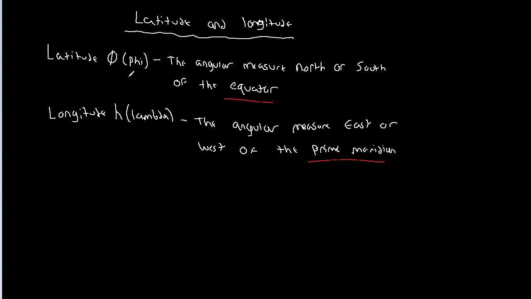So let's talk about what we mean when we say latitude, when we say angular measure with the equator, and what we mean when we say longitude as an angular measure of the prime meridian.